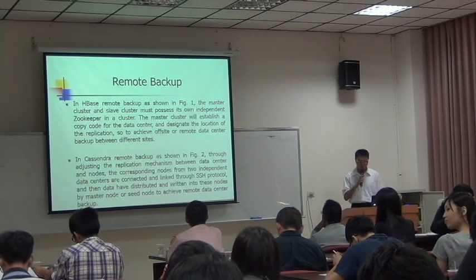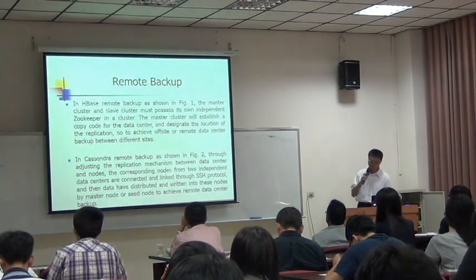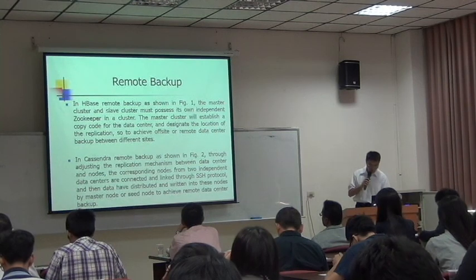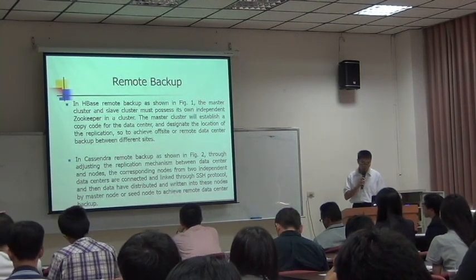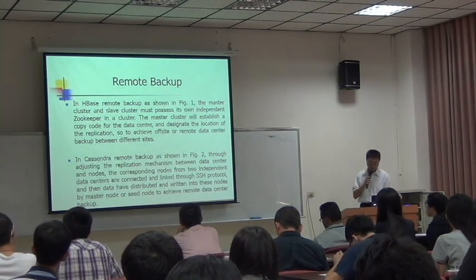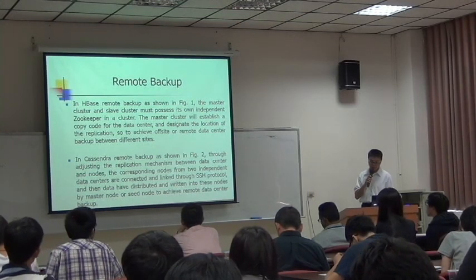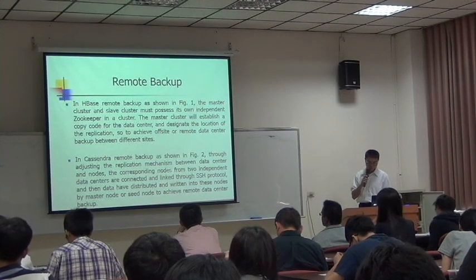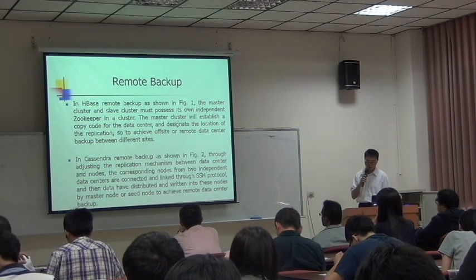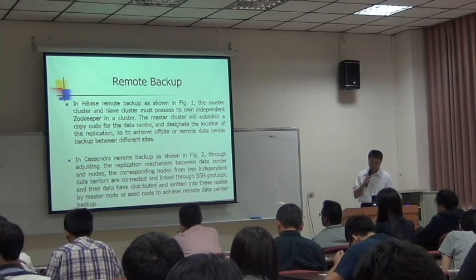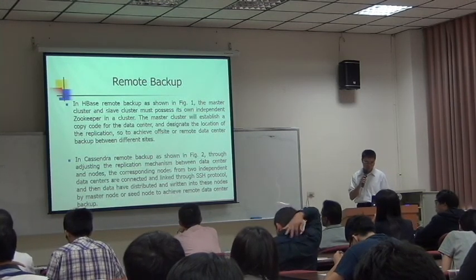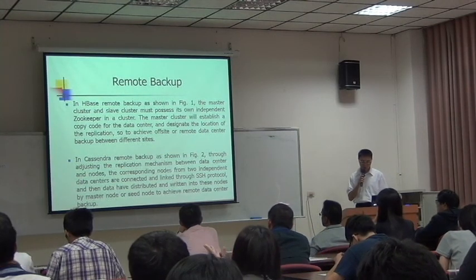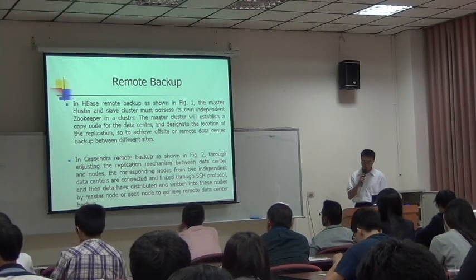In Cassandra, remote backup is shown in Figure 2. It adjusts the replication mechanism between data centers and nodes. The corresponding nodes in two independent data centers are connected and linked through the SSH protocol.